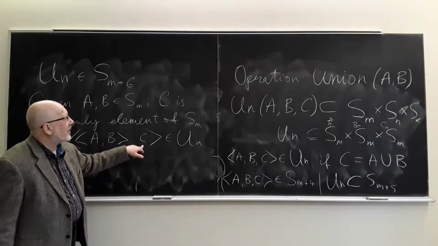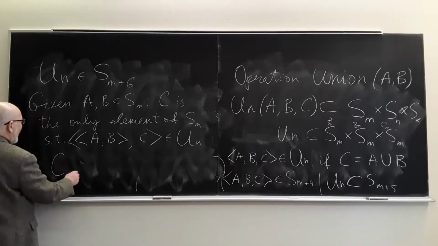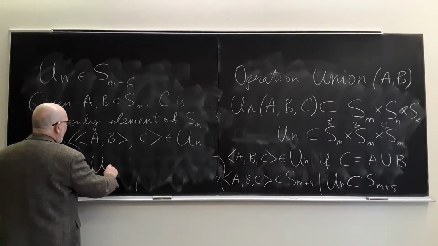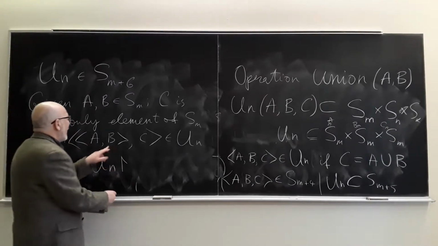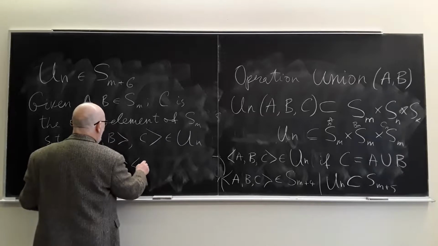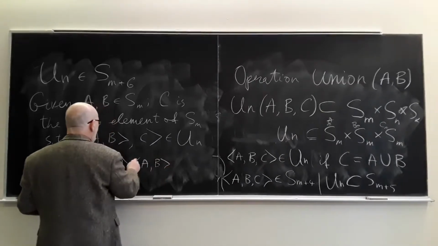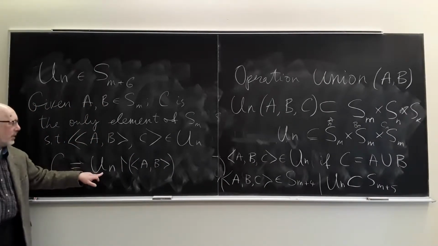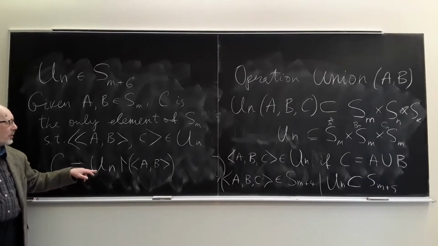So this means that C equals union taken at the argument AB in our notation. Now let me put it in brackets. So we have two sorts of things.